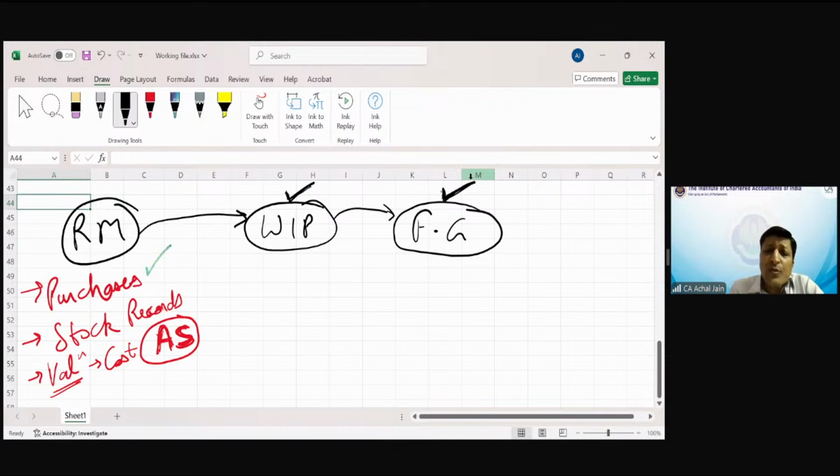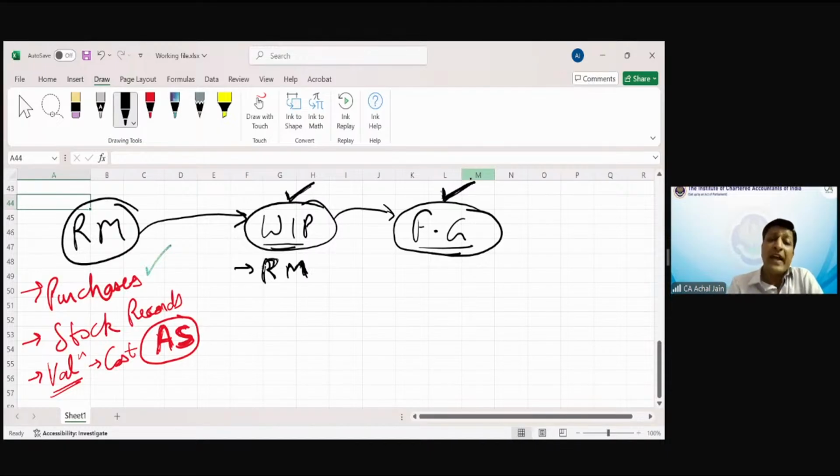Now, when it comes to WIP or FG, there will always be a component of raw material which will become its cost, or you can say this will add to the cost of the WIP or FG.